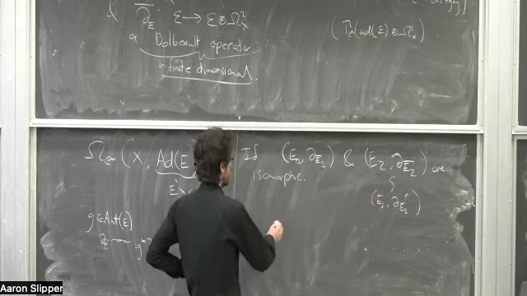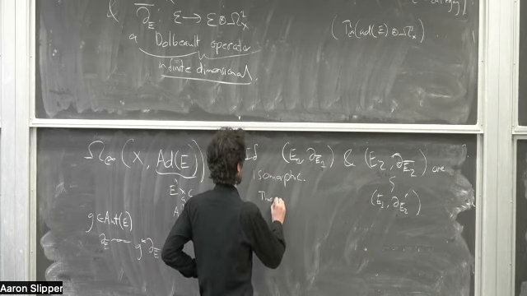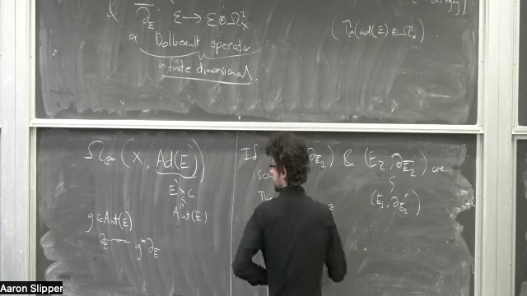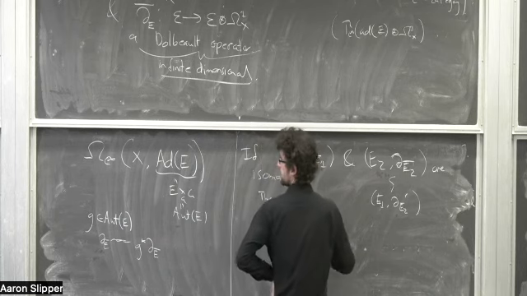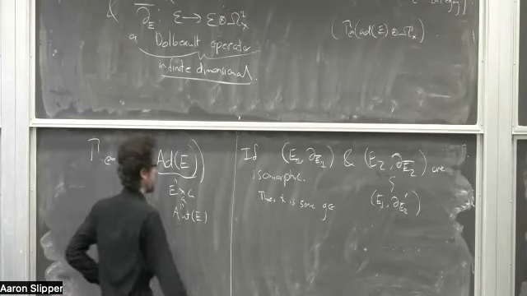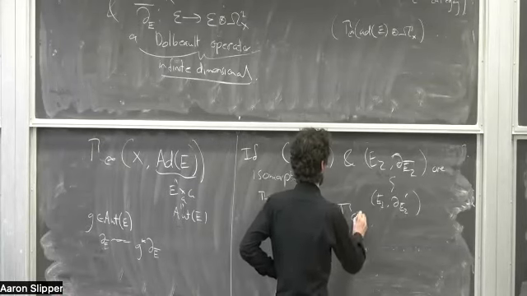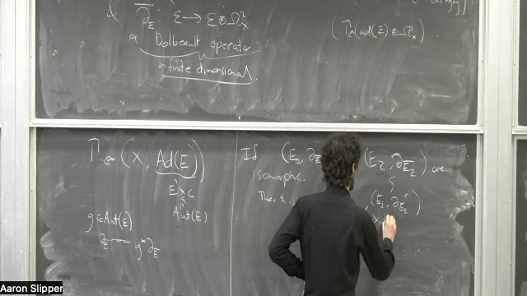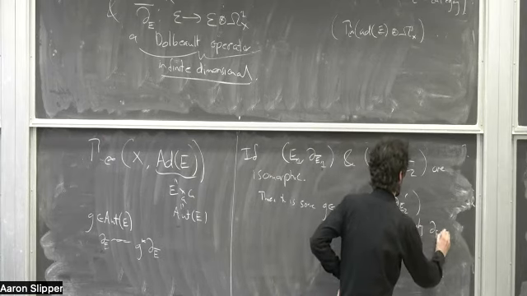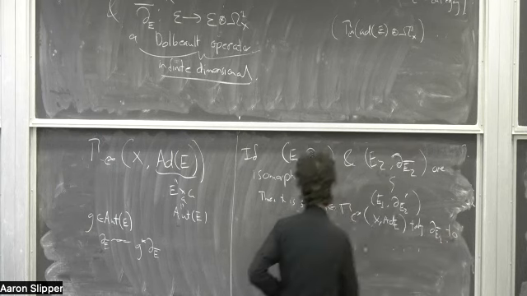So that is to say, there is some g in C infinity of Aut E, taking del-bar E1 to del-bar E2.